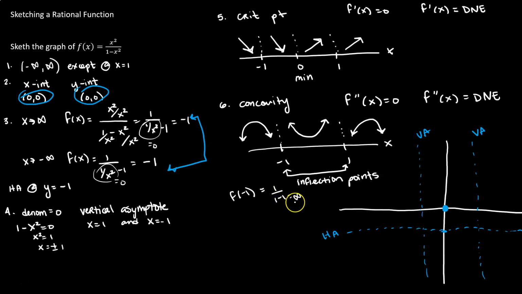So that's our vertical asymptote. F at +1 gives us the exact same thing. We could have seen that coming because we found vertical asymptotes at those values. If there weren't vertical asymptotes at those inflection points, we would plot the inflection points on our graph, but that's not happening this time.